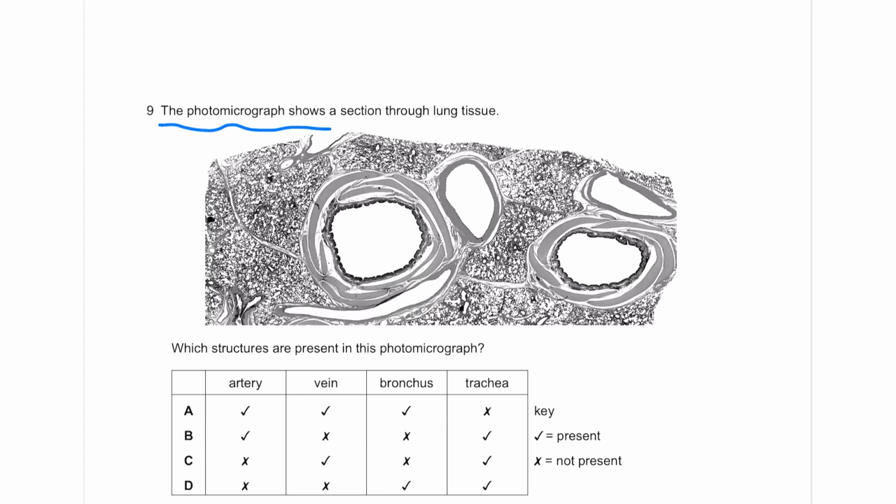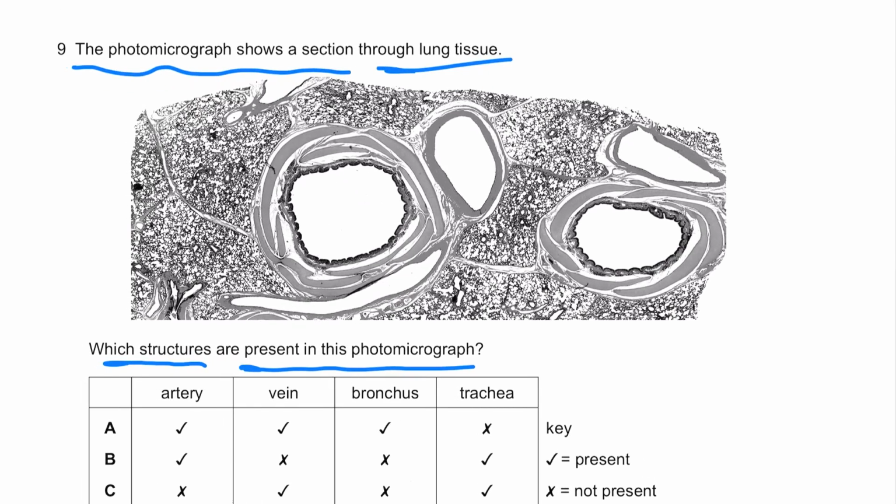The photomicrograph shows a section through the lung tissue. Which structures are present in the photomicrograph? Guys, always remember this point, that because this is lung tissue, lung tissue cannot contain trachea. As you all know, the trachea bifurcates or branches into two bronchi, and each bronchus enters into the lung.